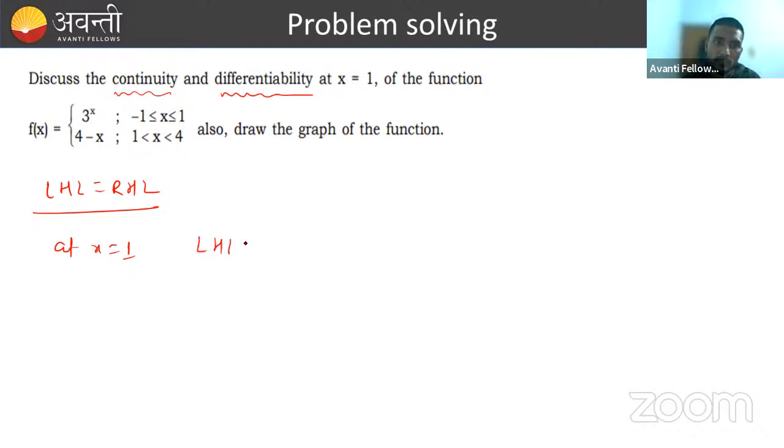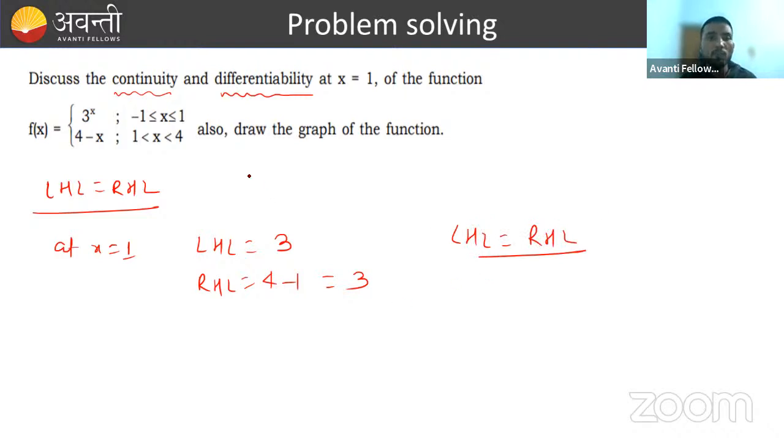LHL is 3 to the power 1, so it is 3. And RHL is 4 minus 1, that is 3. So LHL is equal to RHL. And f of 1 is 3 to the power 1, so it is 3. So it is continuous.